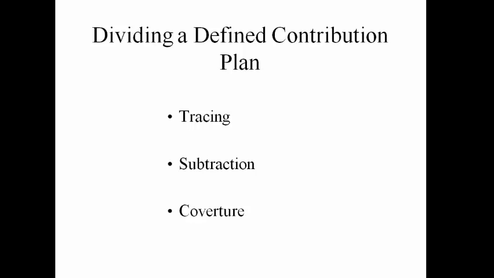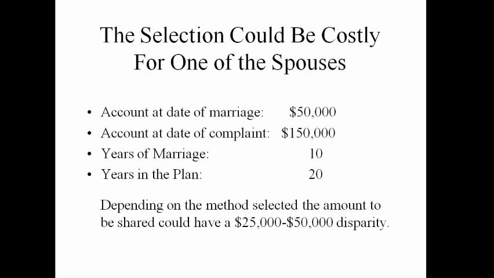Let's say, for argument's sake, the account at the date of marriage was $50,000, and the account at the date we selected for splitting was the date of complaint, and that account was $150,000. Now, obviously, it grew, so for tracing purposes, we're going to have something in between those two numbers.